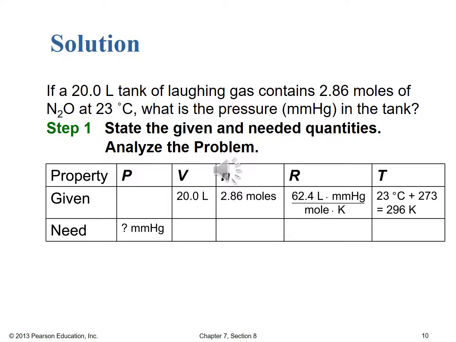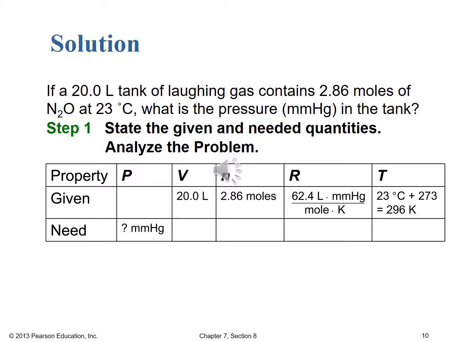Okay, so applying our steps here. In step one, we're going to state the given and needed quantities. And as we analyze this problem, we find that pressure is ultimately what we need. And this question specifies that we report that in millimeters of mercury. We're told the volume of the laughing gas is 20.0 liters. It is 2.86 moles.